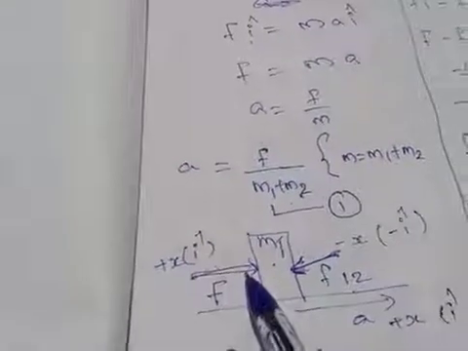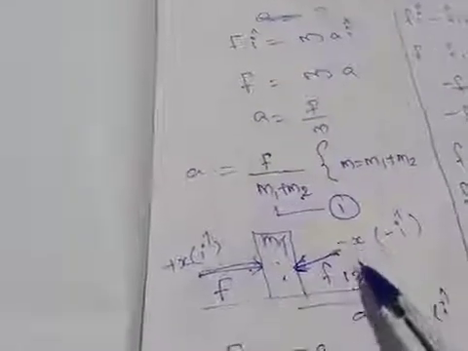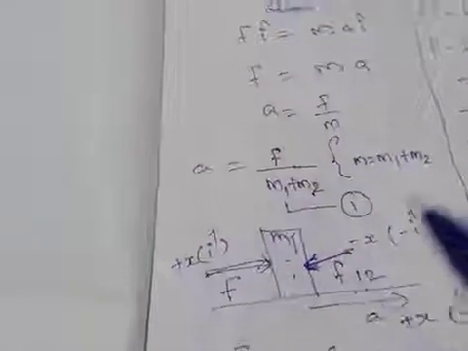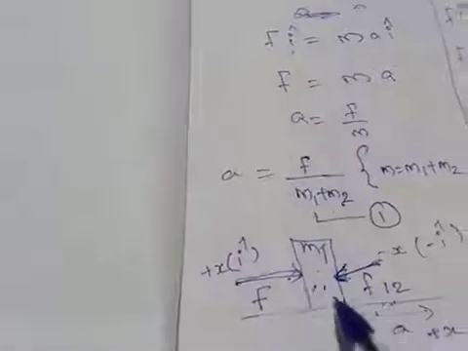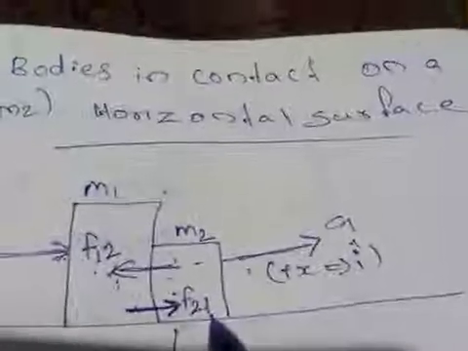Now this is what we have found: when we apply this force, mass M2 is exerting force on M1. Now we can find out how much force is exerted on mass M2 because of mass M1. So you have to draw the free body diagram also for this.